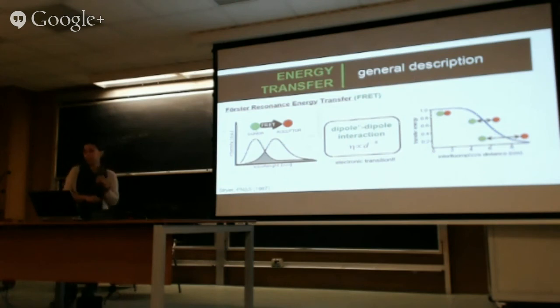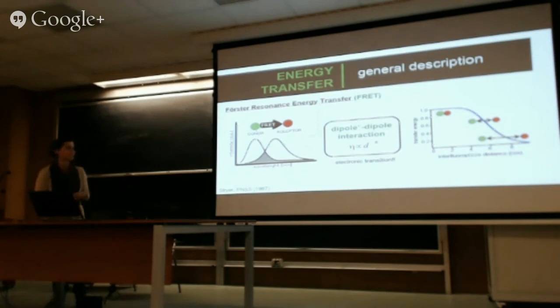You have an excited one, the donor, and an unexcited one, the acceptor. If these two molecules are sufficiently near to one another, and if the emission spectrum of the donor overlaps the absorption spectrum of the acceptor, then you have energy transfer.